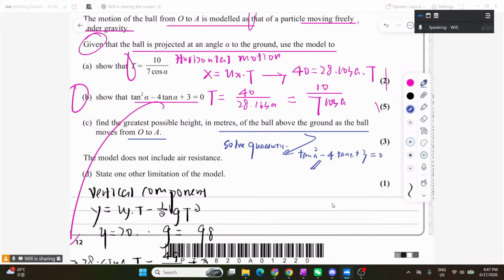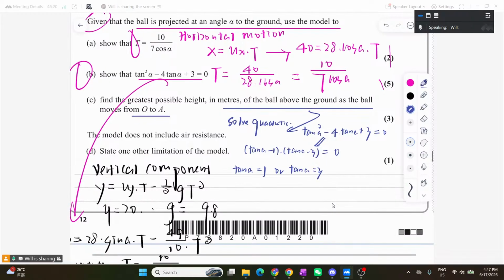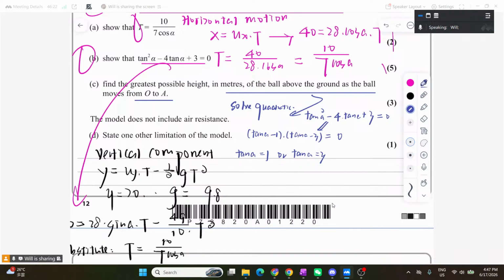Factorize, we get tangent alpha minus 1 times tangent alpha minus 3 equals 0, right? So we get tangent alpha equal to 1, or maybe tangent alpha equal to 3, right?